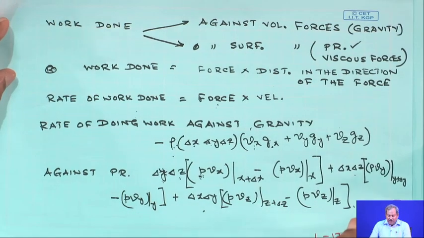When I combine all these terms together and divide both sides by del x, del y, del z, and then take the limit when all of them approach 0, what I get is a reduced form of the equation.